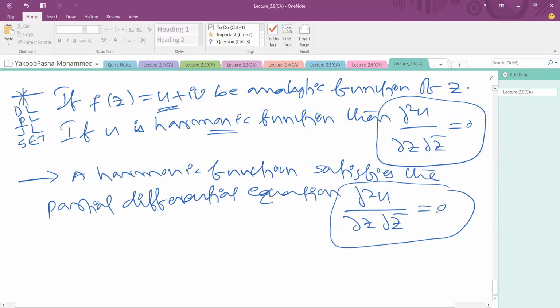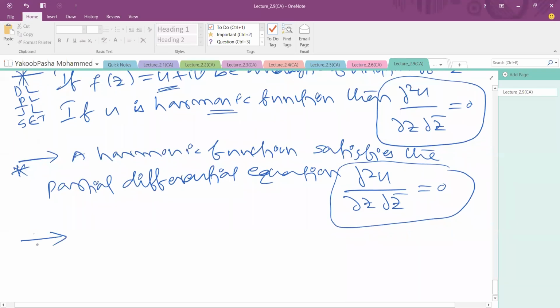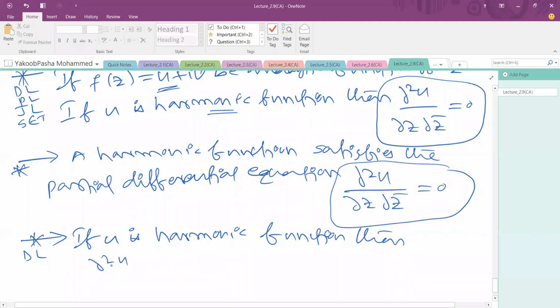Another important result: if u is a harmonic function, then dou square u by dou x square plus dou square u by dou y square is equal to 0.